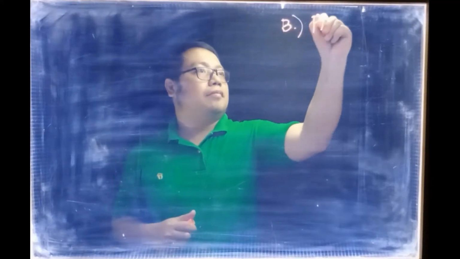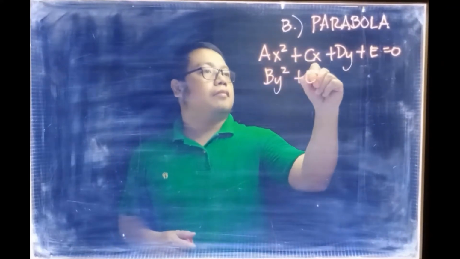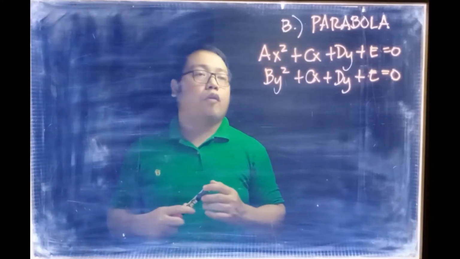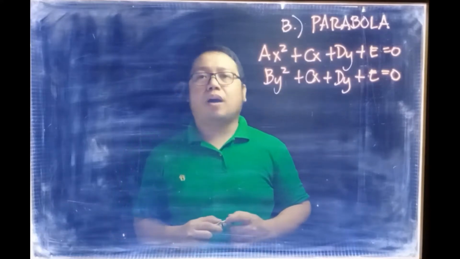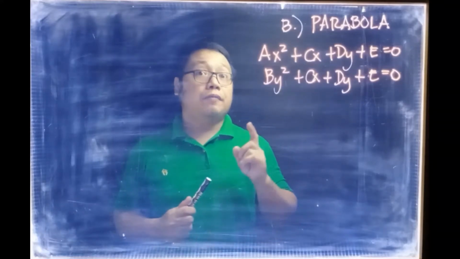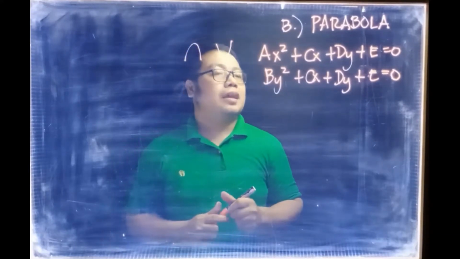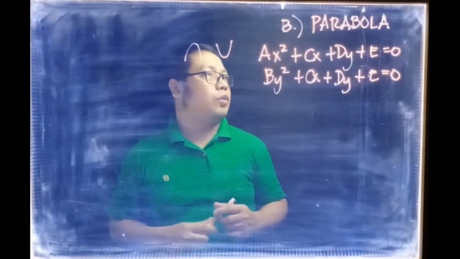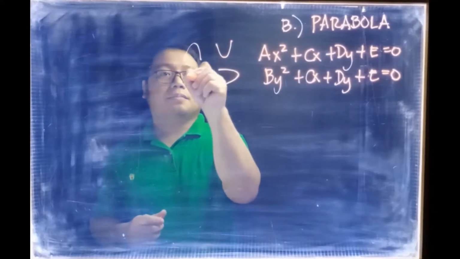Another type of conic section is the parabola. The equation of the parabola in general form can be written in this format: ax squared plus cx plus dy plus e equals 0 if it opens upward or downward, and the equation by squared plus cx plus dy plus e equals 0 if it opens to the left or to the right.